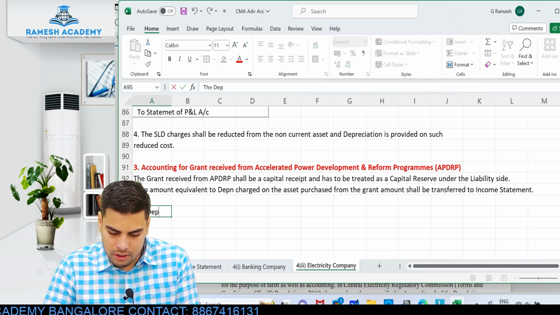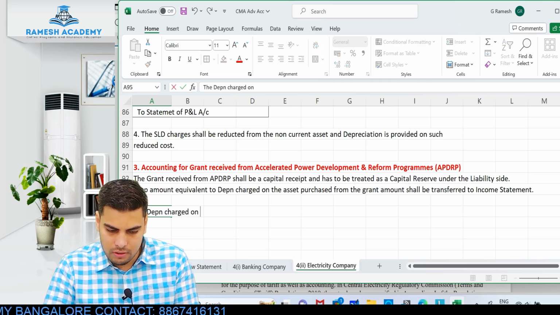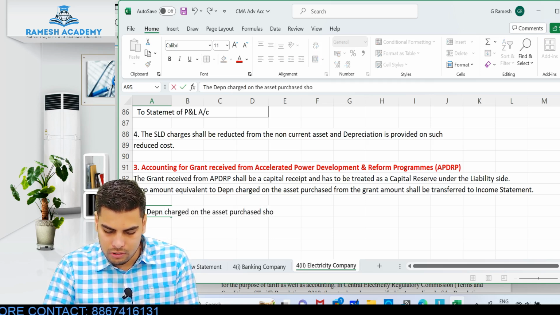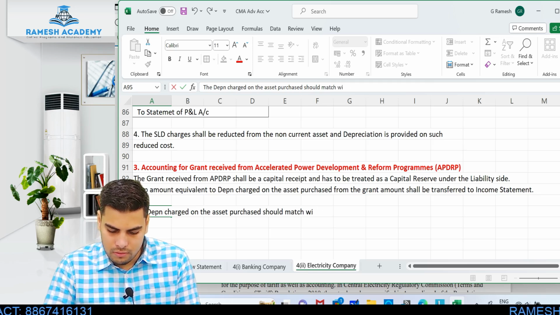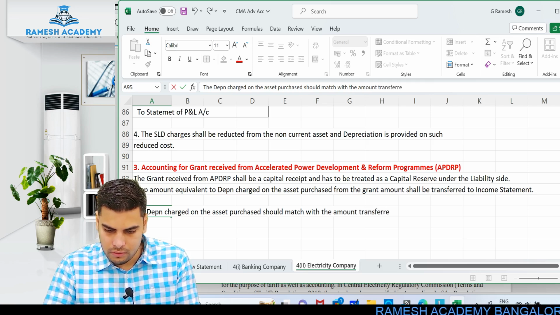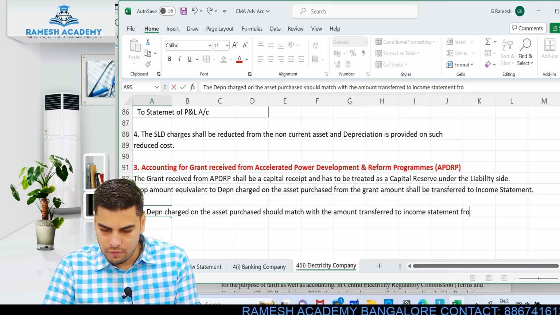The depreciation charge on the asset purchased should match with the amount transferred to the income statement from capital reserve.